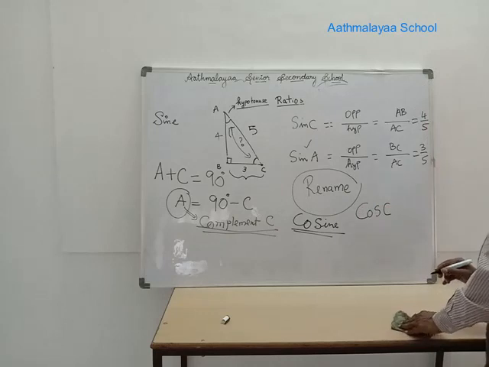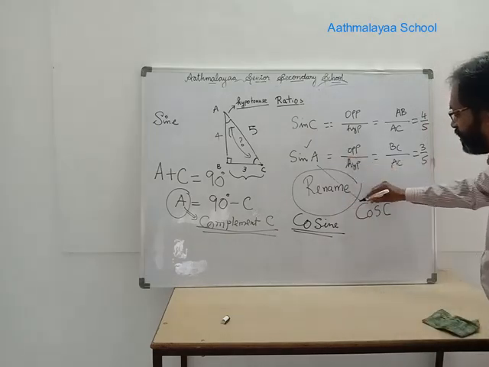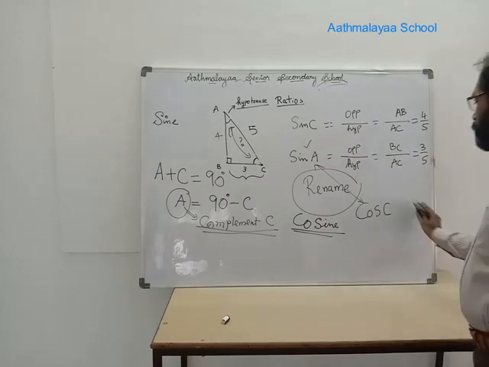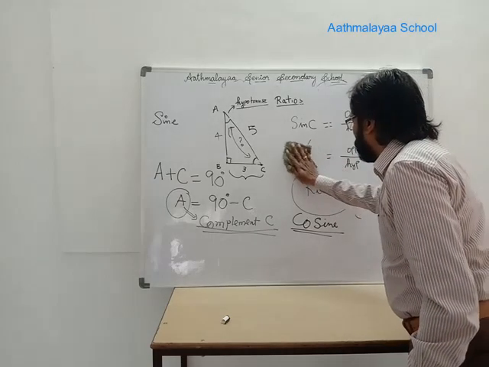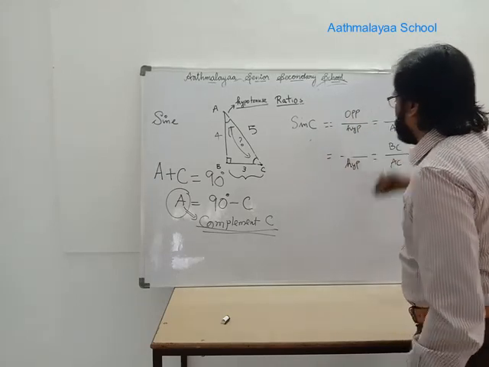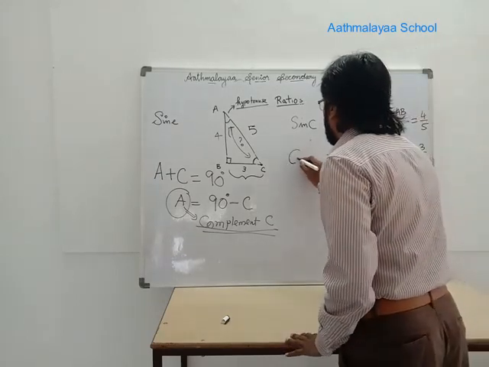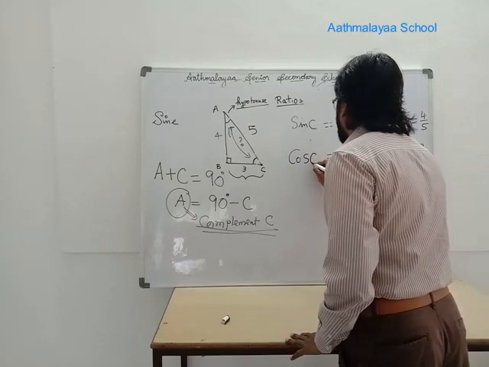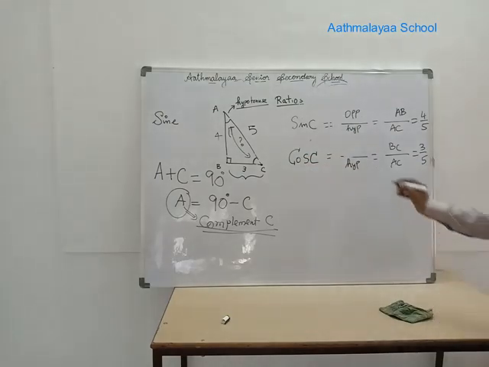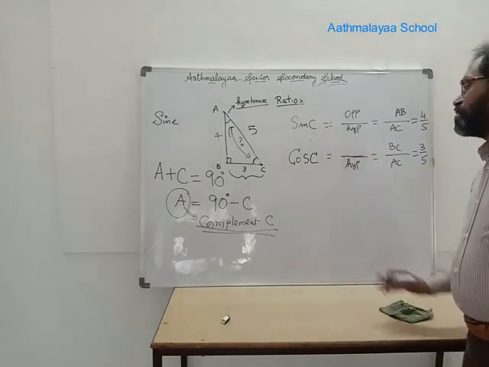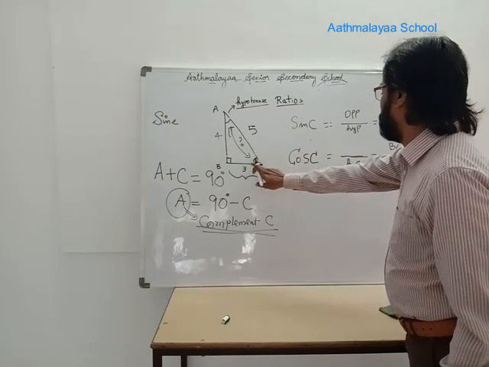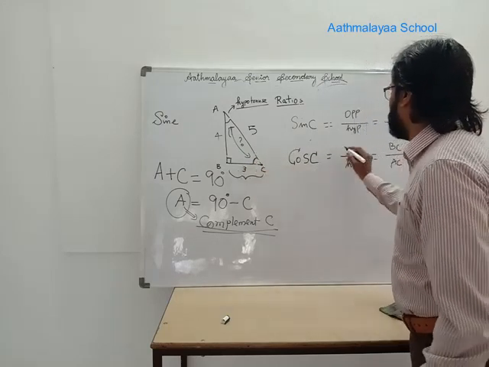So the same sine A, we are going to write it as cos C. So far we had sine A, now we are writing it as cos C. Cos C, in terms of C, BC is adjacent.